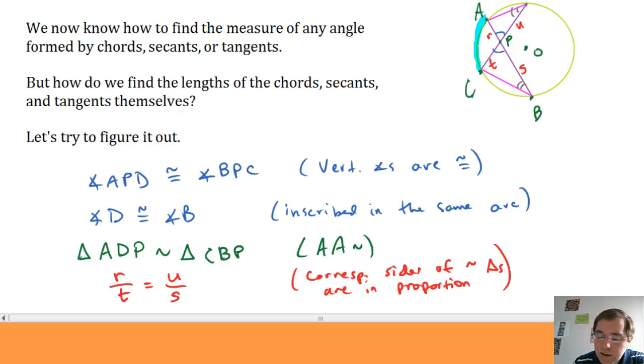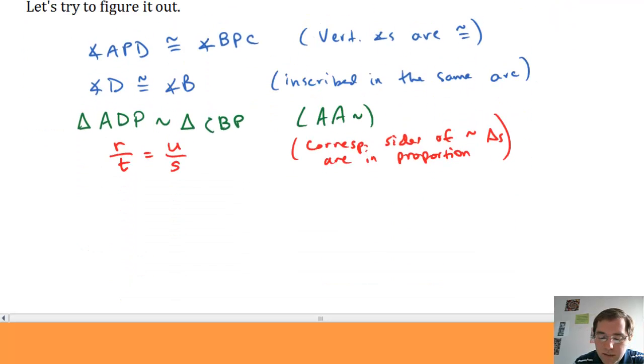So that means that I can cross multiply and say R times S equals T times U.